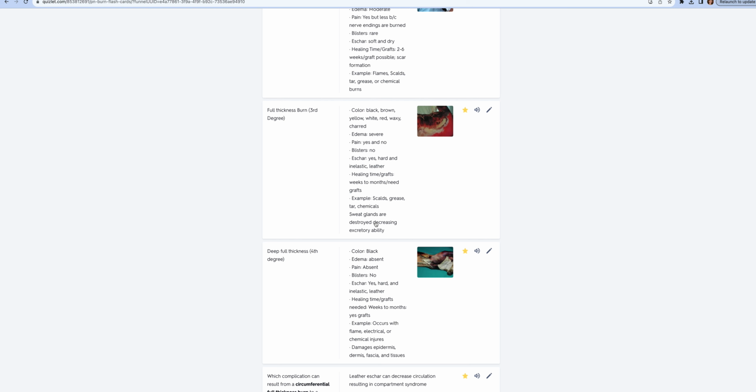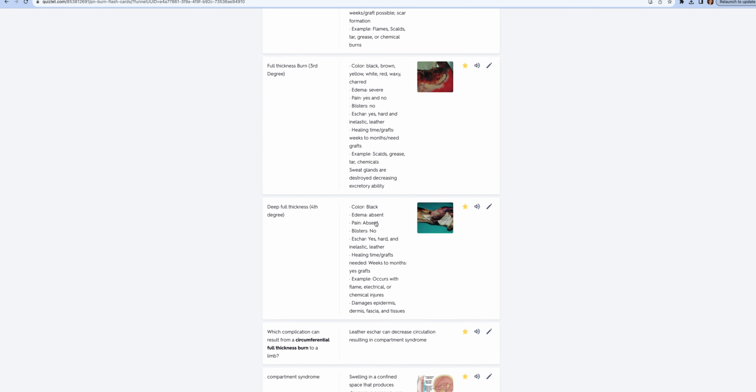Edema is absent, pain is absent. They will have pain around the edges. No blisters, hard inelastic leather. Takes a long time. And then this layer damages the epidermis, the dermis, the fascia, and the tissue. So that's important to know because it goes through all levels of the skin. You're going to be down to the tendons and bone.